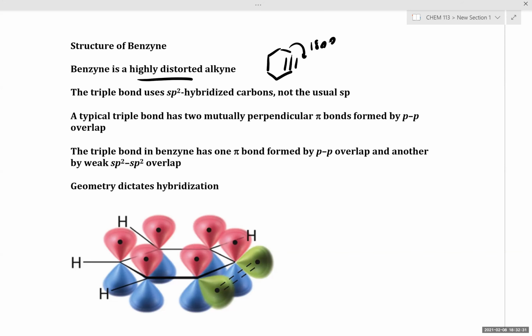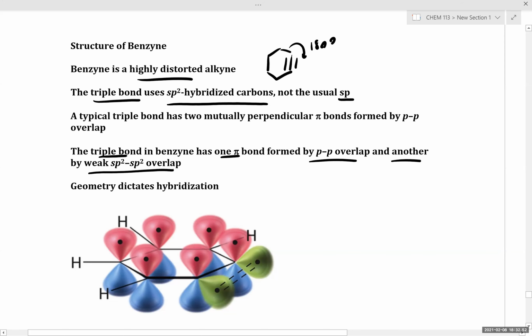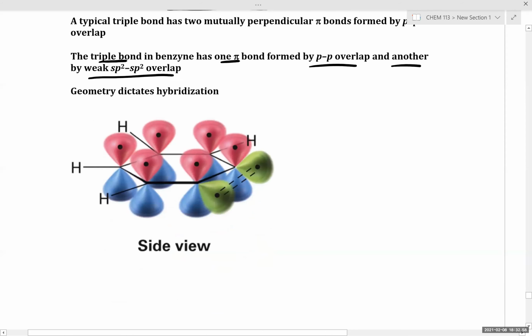And in fact, what's pretty interesting is that the triple bond actually uses sp2 hybridized carbons rather than the usual sp hybridized carbons. So the triple bond in benzyne has one pi bond formed from p orbital overlap and another pi bond formed by weak sp2 orbital overlap. So your geometry dictates hybridization, and when you have your carbons sp2, you can meet your 120-degree bond angles without breaking your aromatic ring.